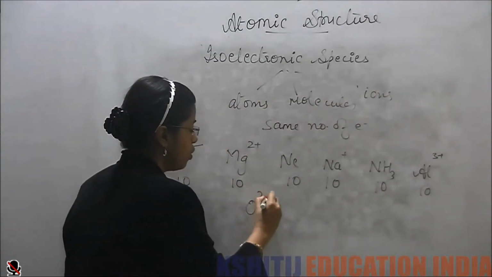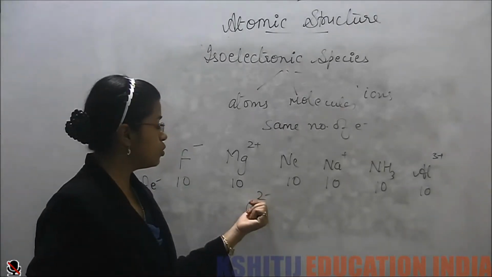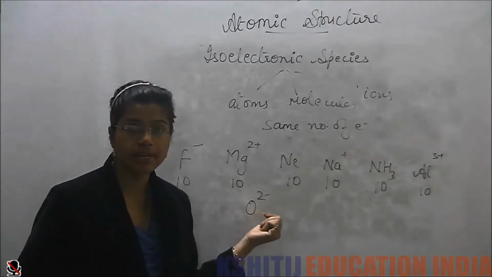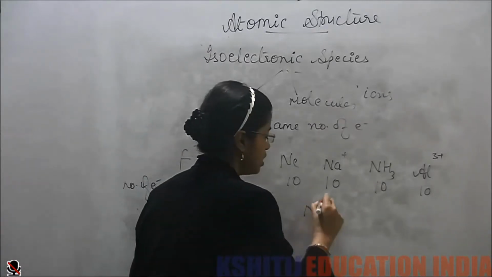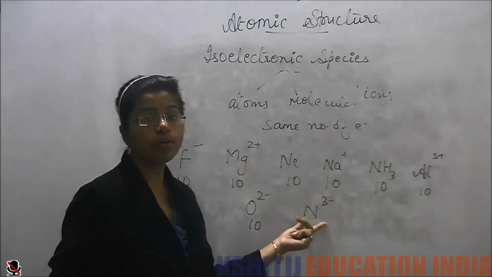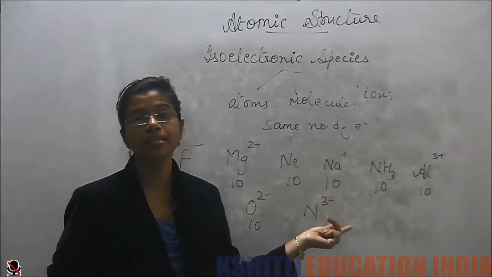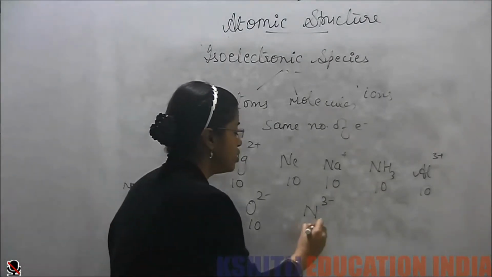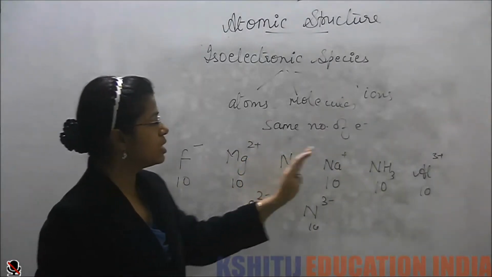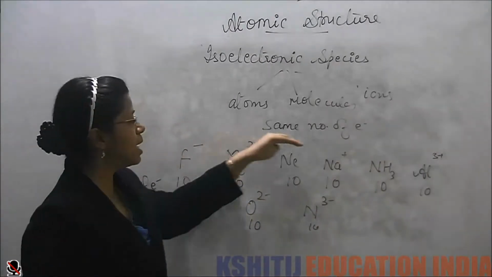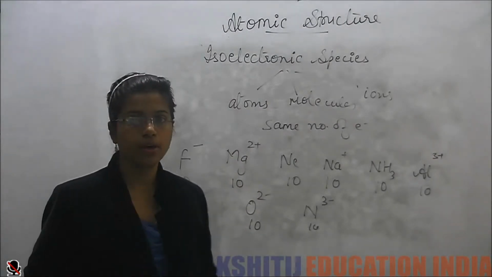If we take oxide ion, number of electrons in oxygen atom is 8. 2 minus charge means 2 electrons have been gained. That means again 10. If we take nitride ion, number of electrons in the nitrogen atom is 7. It has gained 3 electrons. That means again 7 plus 3, 10. So you can see all these species, some of them are charged, some of them are neutral, some of them are molecules, but they possess the same number of electrons. That is your isoelectronic species.